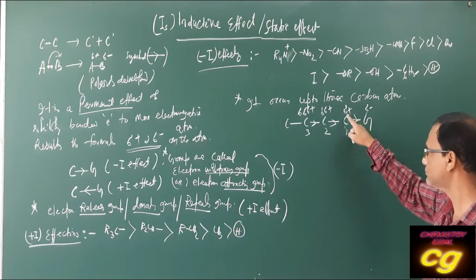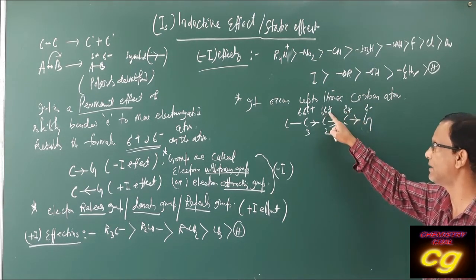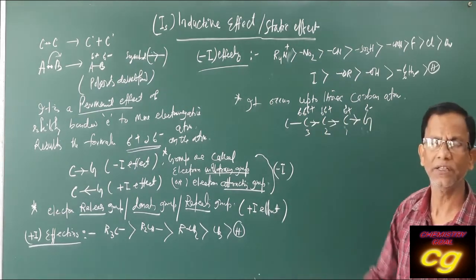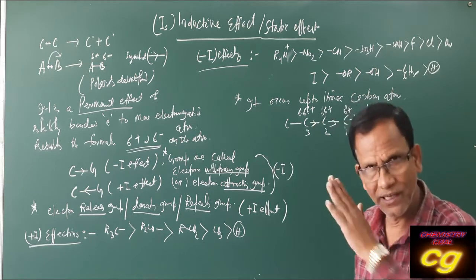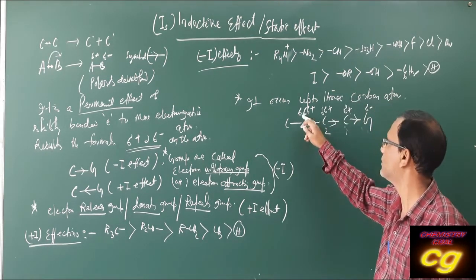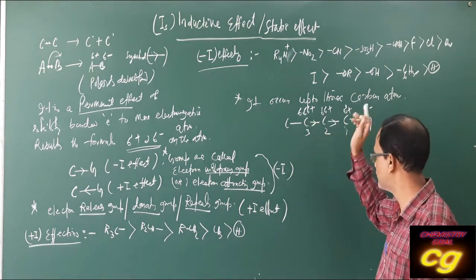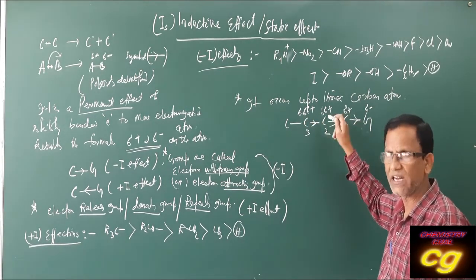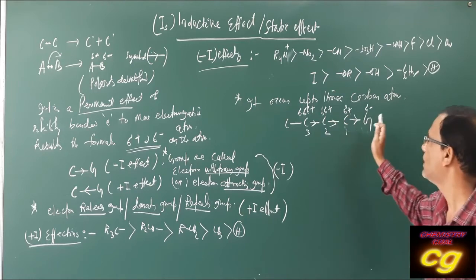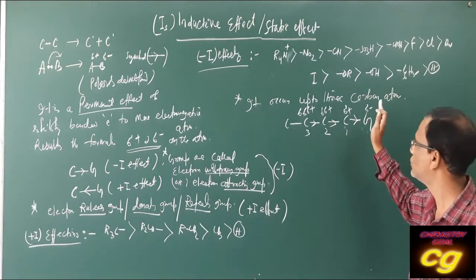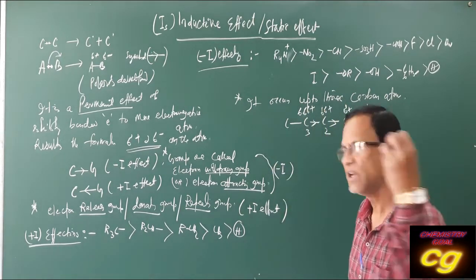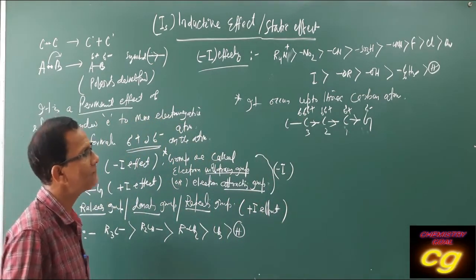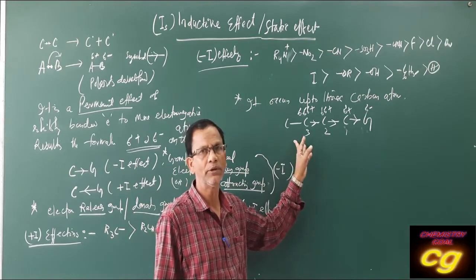That's why delta plus, double delta plus, triple delta plus indicate the partial positive charge decreasing. Don't be confused: triple doesn't mean more, it indicates the third carbon. So the positive charge at the third carbon is almost negligible. This is the effect of inductive effect up to the third carbon.